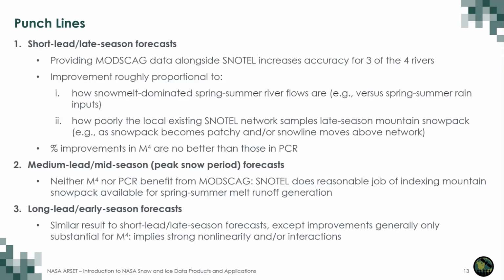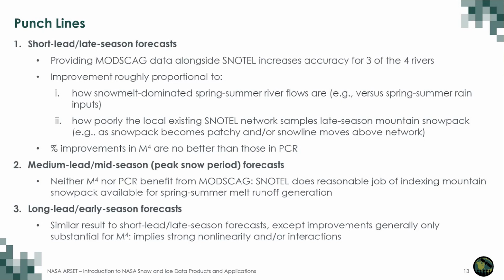seasonal timeframes. For short lead, late season forecasts, this is when you're getting into May and June and the snowpack's being depleted. Providing MODSCAG data alongside SNOTEL data to the model increased the accuracy substantially for most of the rivers.